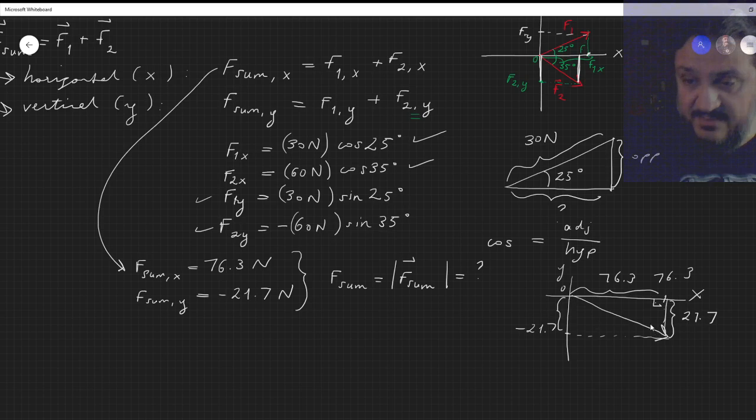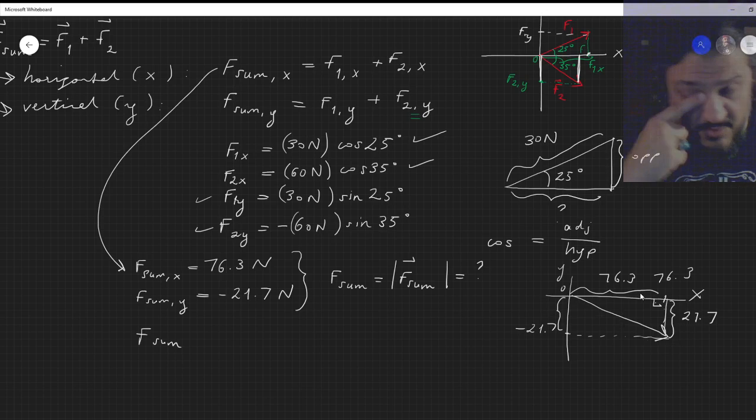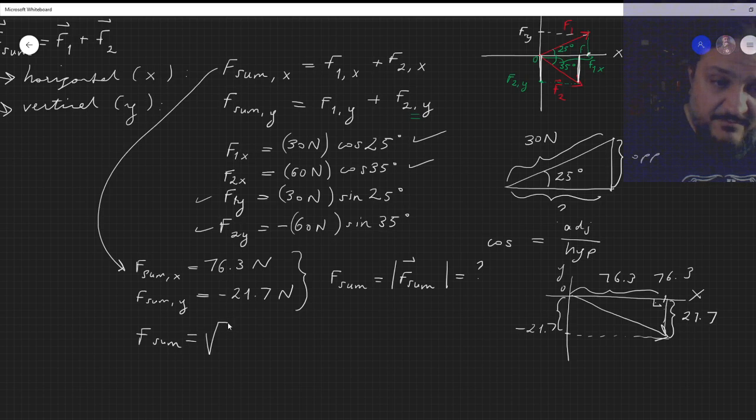So how do I find the hypotenuse? Very simple, right? Use the Pythagorean theorem. F sum is the hypotenuse, that squared is equal to the square of one plus the square of the other. So if I take the square root of that, that gives me the hypotenuse. So 76.3 squared plus 21.7 squared.